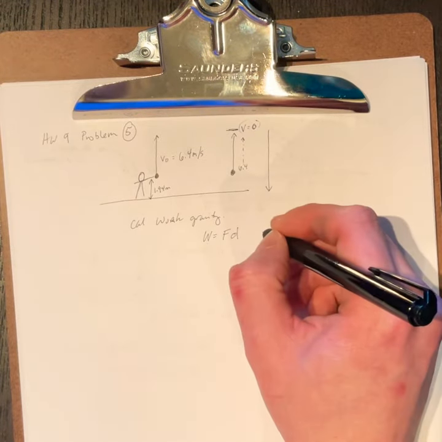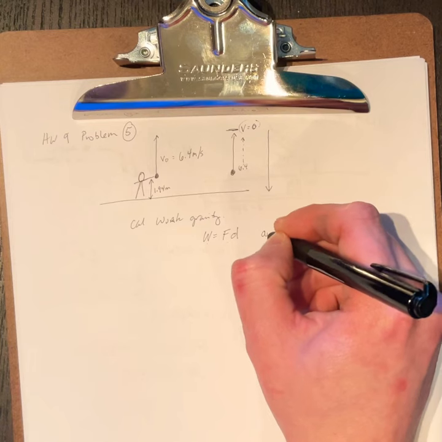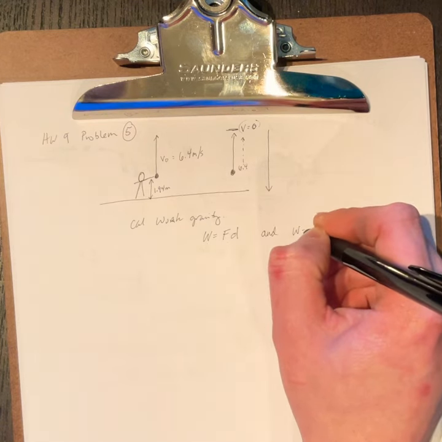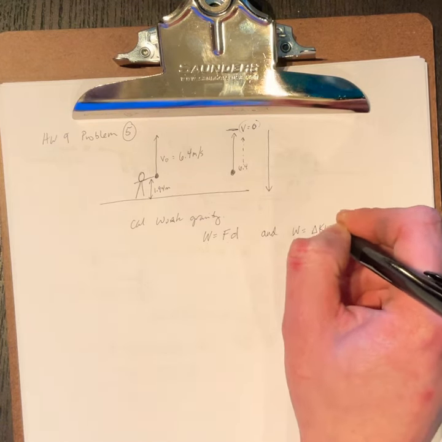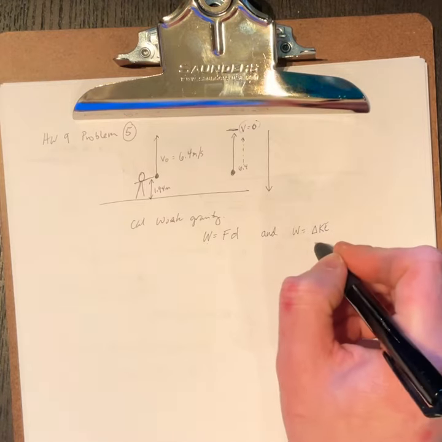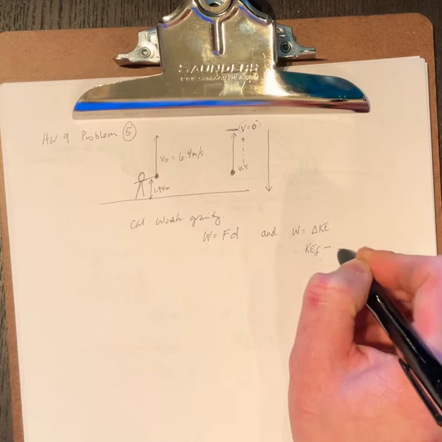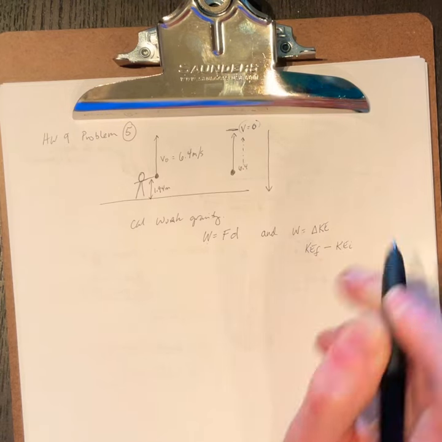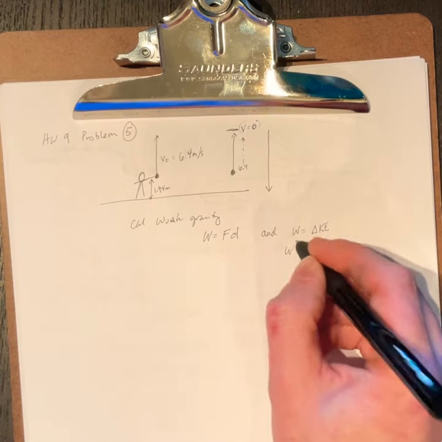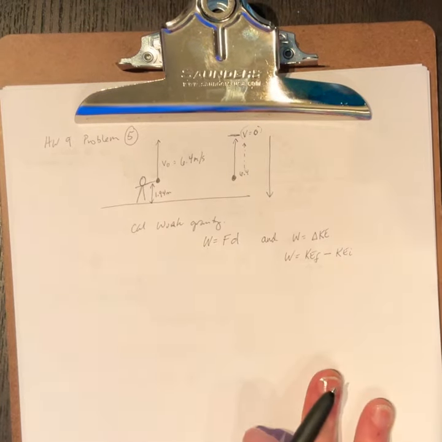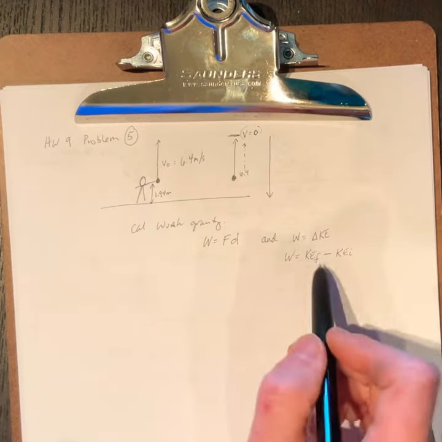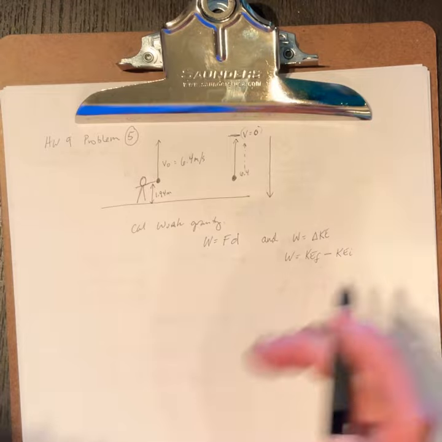Work is force times displacement, and work is also equal to the change in kinetic energy of an object. The change is the kinetic energy final minus the initial kinetic energy. That equals work. So we can actually solve it with either one of these.